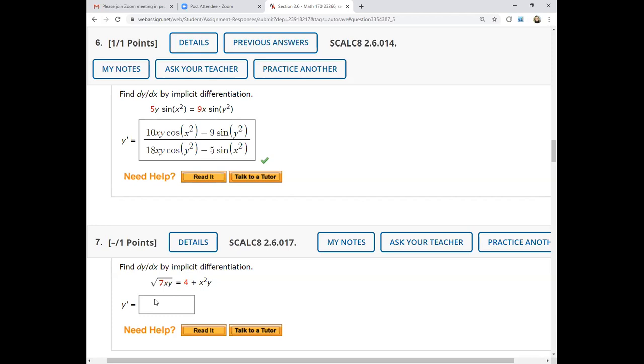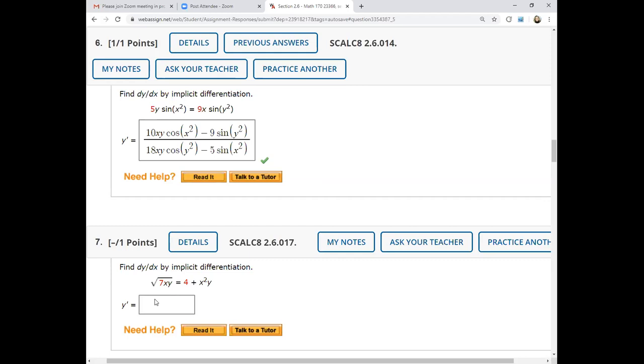Okay, so find dy dx by implicit differentiation. This one says the square root of 7xy is equal to 4 plus x squared y.